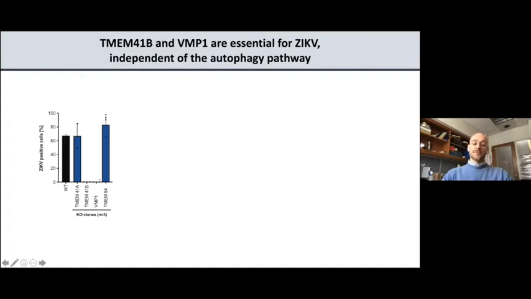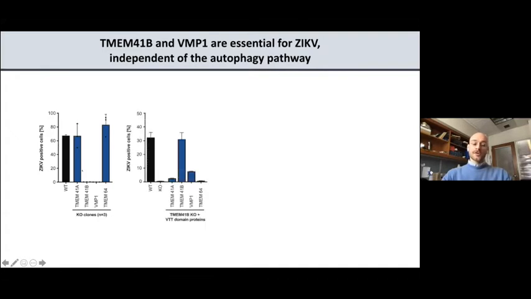But what becomes obvious is that if TMEM41B and VMP1 are missing, viral replication is drastically impaired relative to wild type cells. So I went on to take one of the TMEM41B knockout clones and reconstituted it with all the different VTT domain proteins, and reconstitution with TMEM41B completely rescues viral infection.